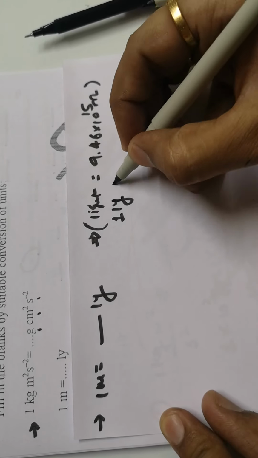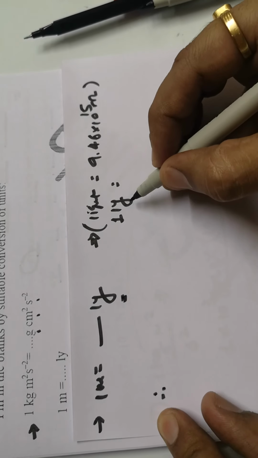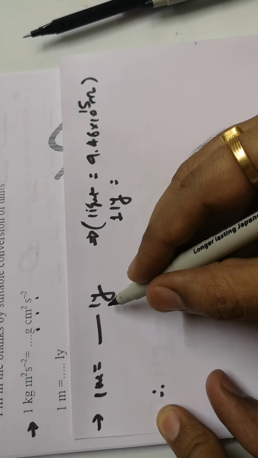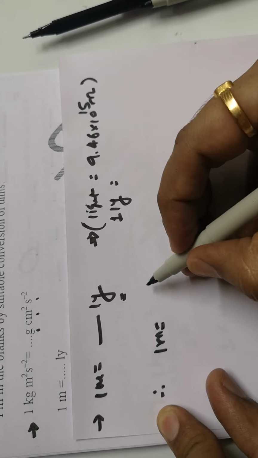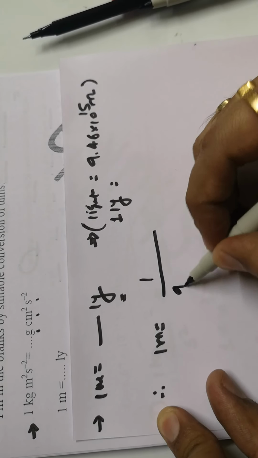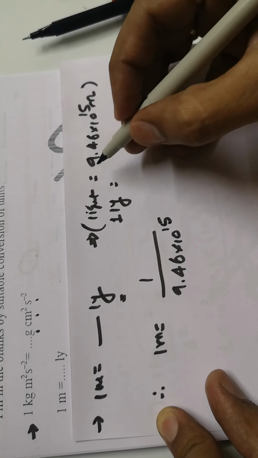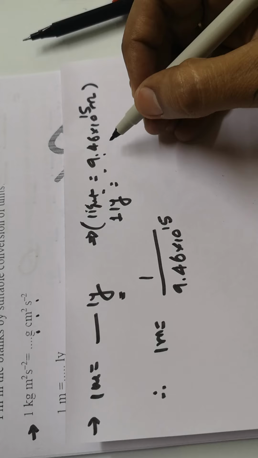It is written as ly, so I want my answer in terms of ly. I have to convert this in terms of meter. 1 meter equals how many light years? So 1 meter equals 1 divided by 9.46 10 to the power 15 meters. Basically this is the distance covered by light, with the velocity of light.